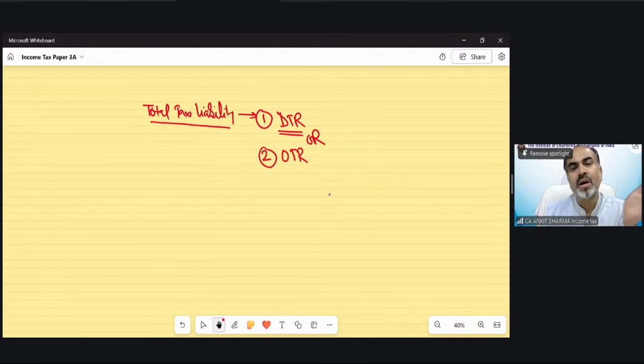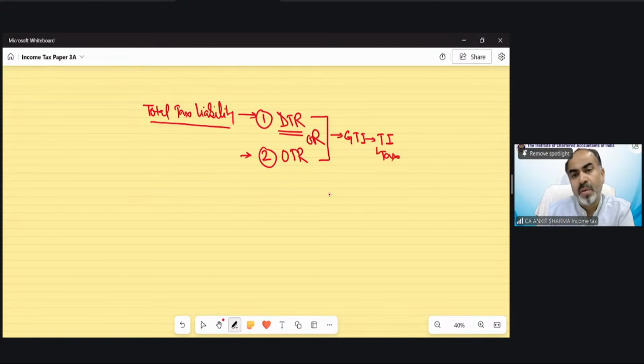So when the question asks for the default tax regime, you will calculate the gross total income accordingly, the total income accordingly, and then you will calculate the tax. There may be a situation that the question requirement is to just calculate your tax liability under the optional tax regime. This is also possible. In that situation, we will calculate, of course, GTI, then TI as per the respective regime, and then the tax liability.